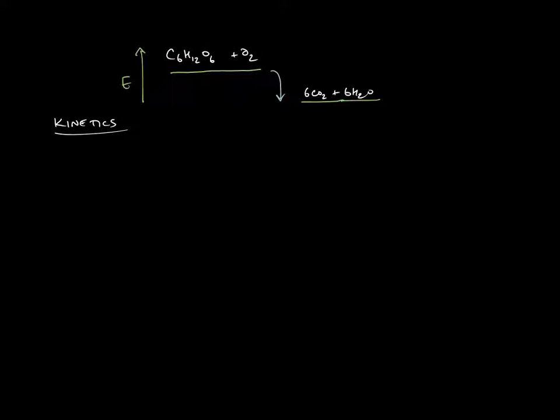And the speed of a reaction is determined by the fact that we have a little barrier to overcome in order to get to product, which kind of looks like this. And so there is a specific amount of energy that has to be input in order for a reaction to go forward. And we call this the activation energy, or E sub A.